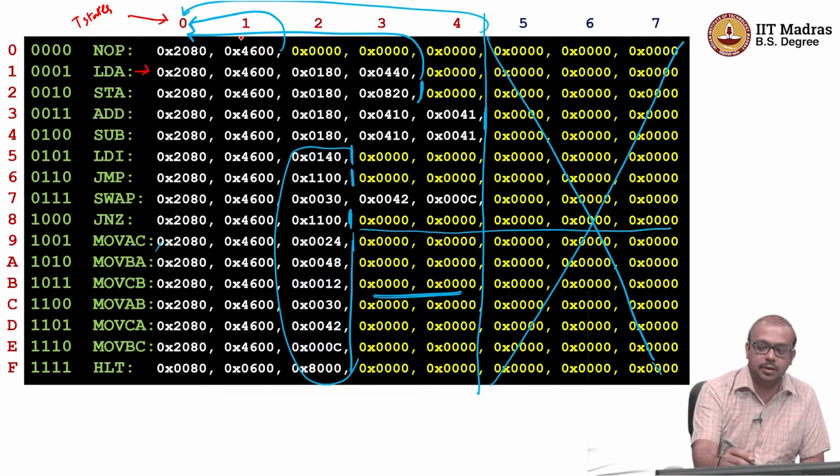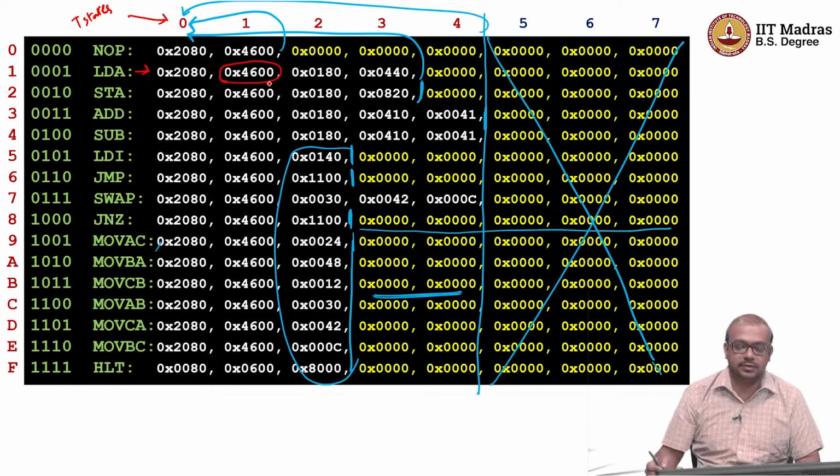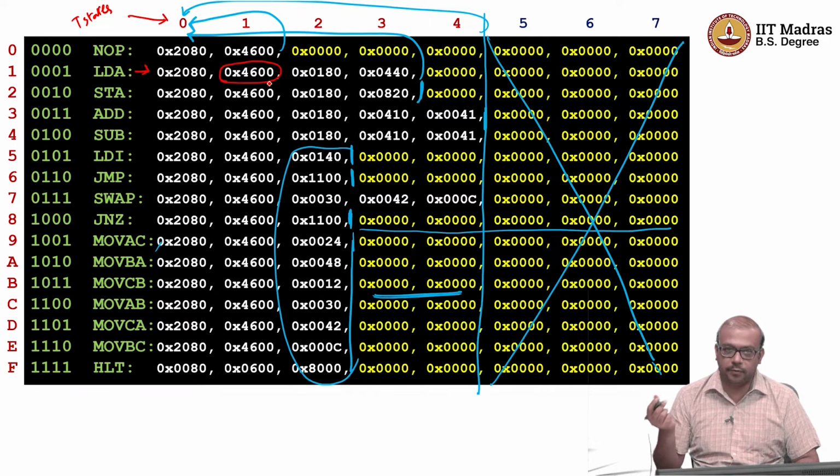So in any one of these, let's take one particular example that we went through, 4600. Why is it 4600? So 4600 is 4 sets of 4 bits. 4 is going to be represented as 0100, then 6 is going to be represented as 0110, and then the two zeros are 0000 and 0000.